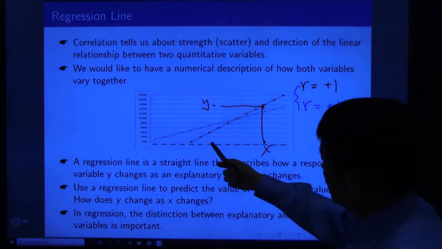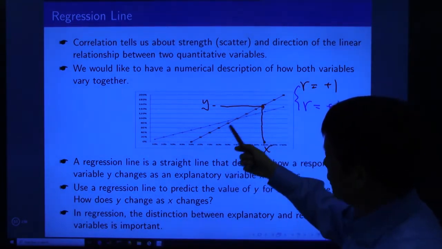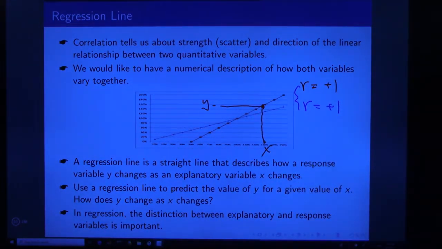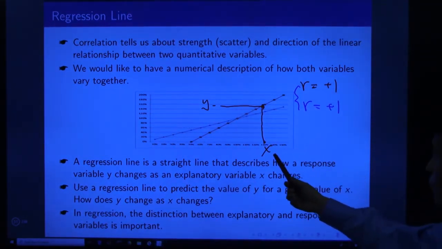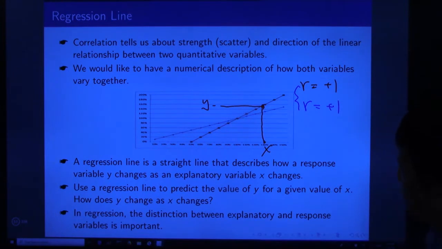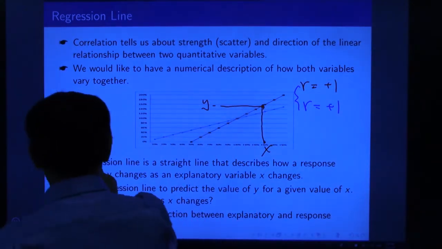If we are given this line in the form of a line equation, then we can easily predict this value, because y can be calculated from the x value. So this is called a regression line.